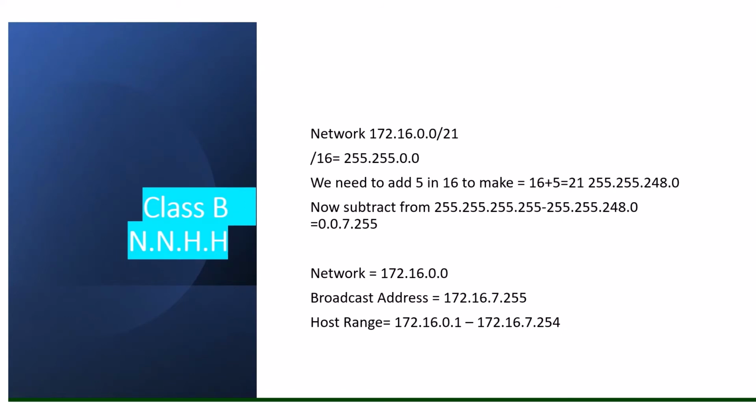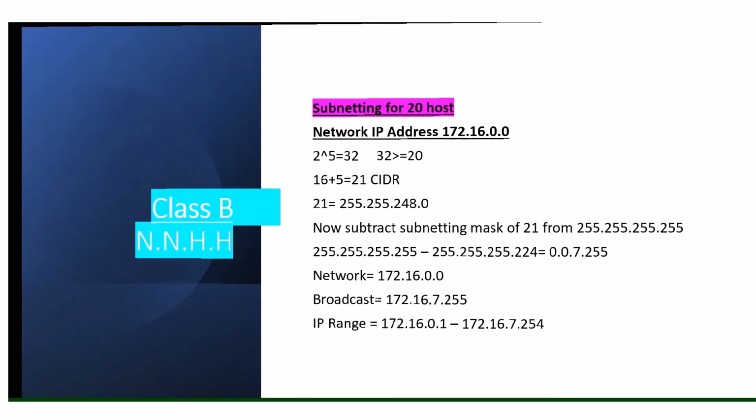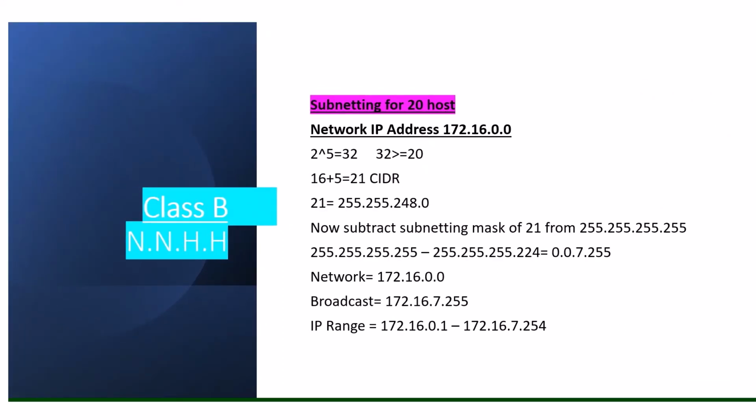In the same way, for class B our CIDR base value is 16, and you can follow the previous method I used in class C, and you can understand this subnetting process as well. What I did here: at first 21, so if you add 16 plus 5, then it comes to 21, and you can go into the table and find the value of 27, sorry.